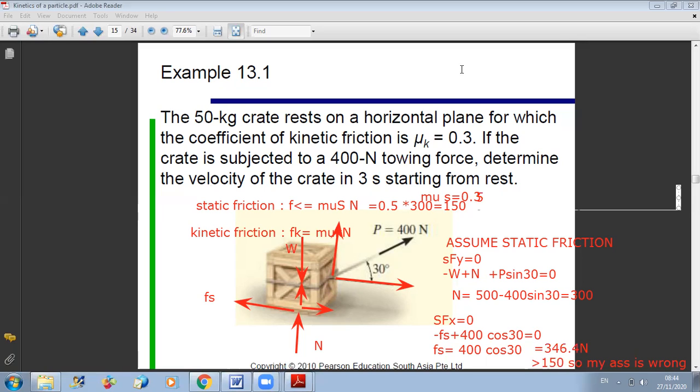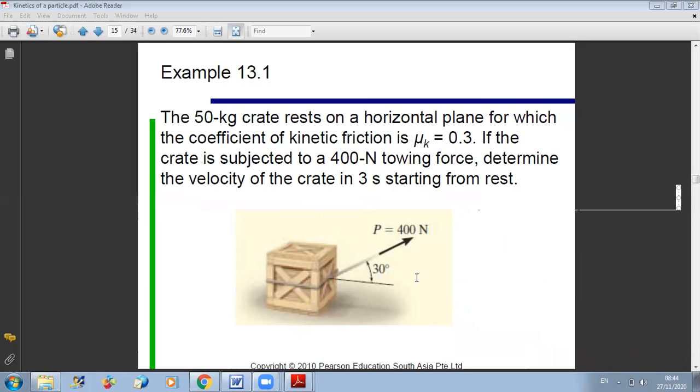So now, another question that can be asked is what is the maximum value of P before the box slides? So another possibility of question here, what is the maximum value of P before sliding?